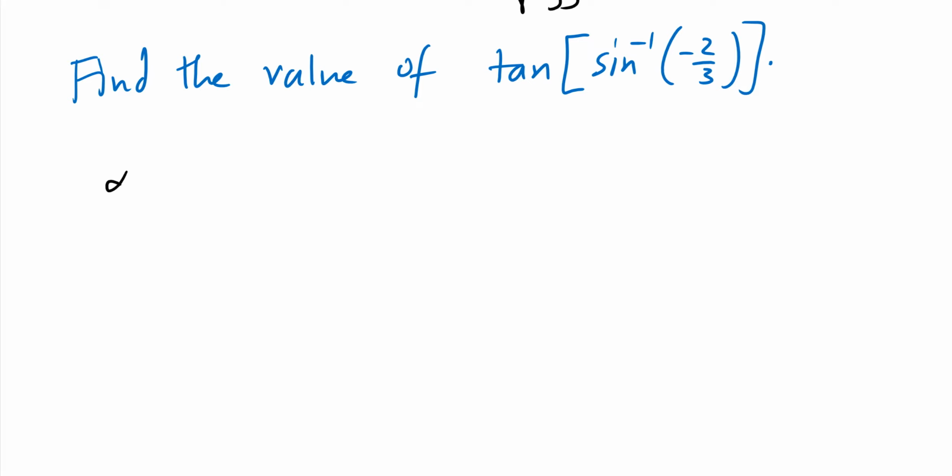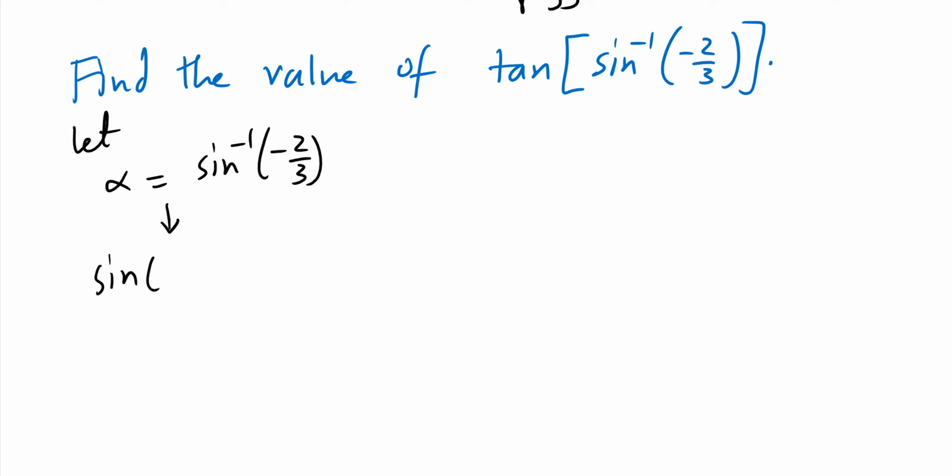Again, the key is to start by letting alpha equal sine inverse of negative 2/3. By definition, this means sine alpha is negative 2/3. Keep in mind it's negative here. And we know since I took alpha equals sine inverse, alpha must be between negative pi over 2 and pi over 2.